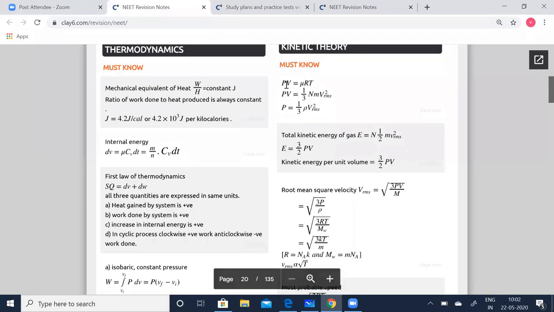PV is equal to mu RT, where P is the pressure, V is the volume, R is the gas constant, and T is the temperature. Mu is the number of moles.